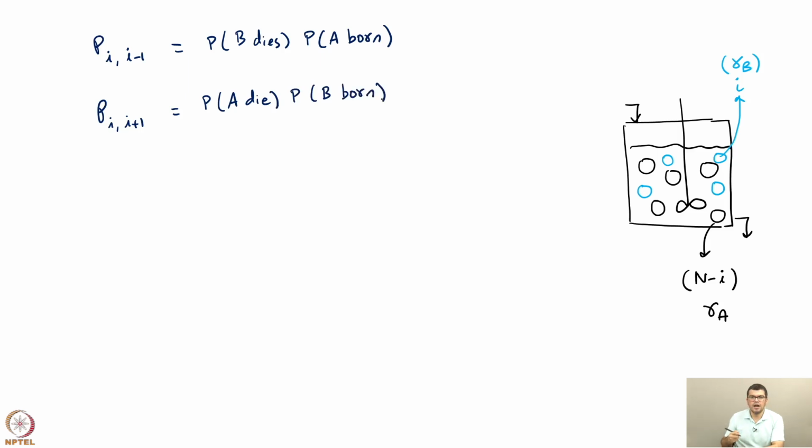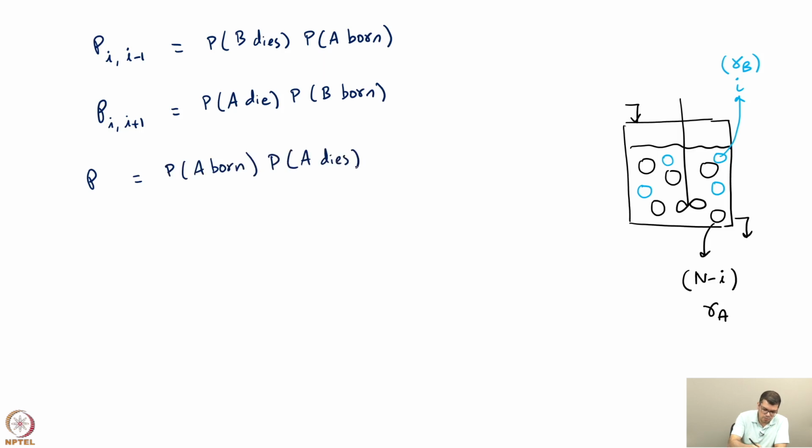But this is sort of only half the story. There are two more transitions which are possible in this process, and the first one of them is the probability that an A individual is born and an A individual dies.